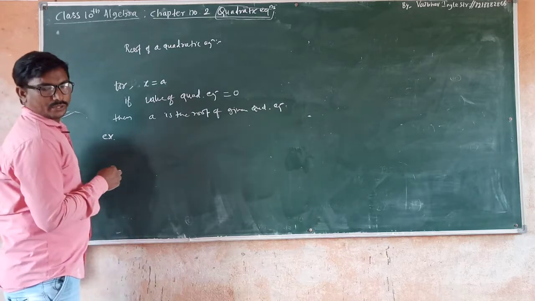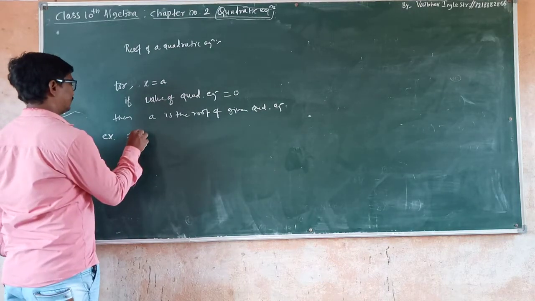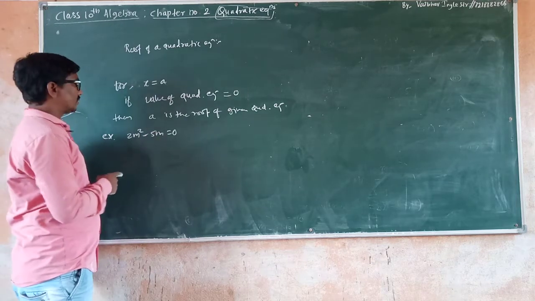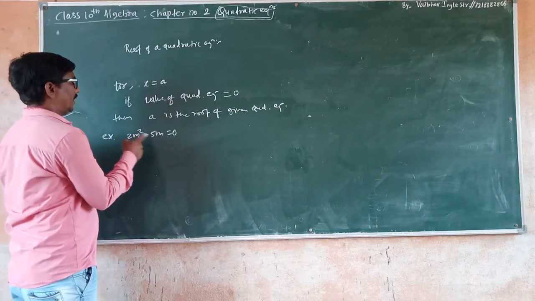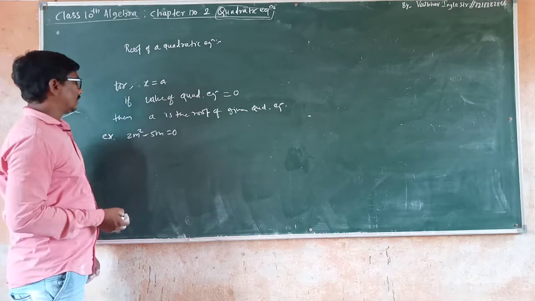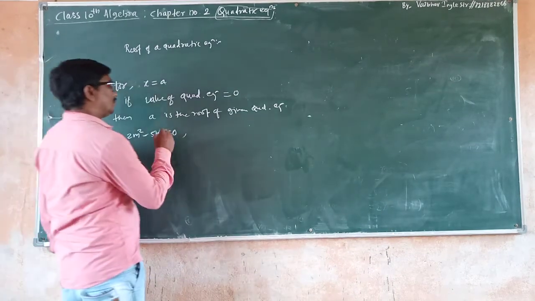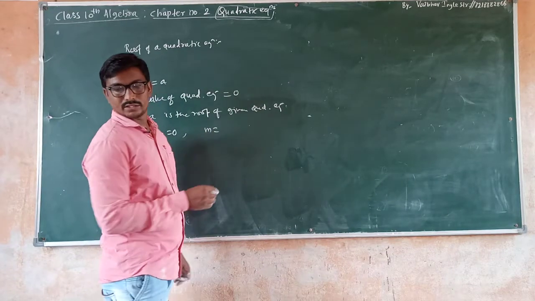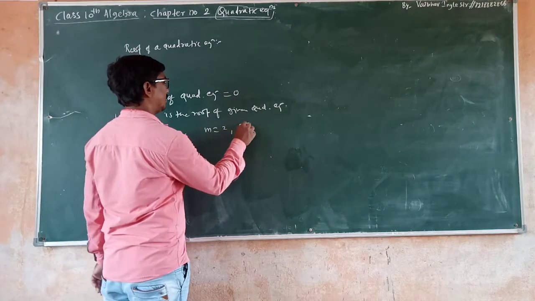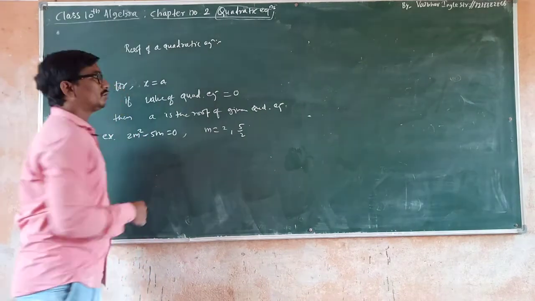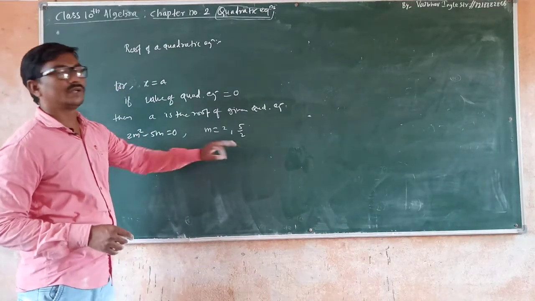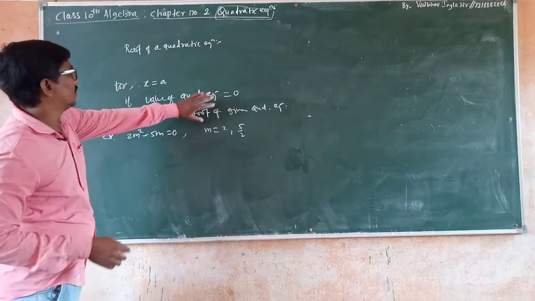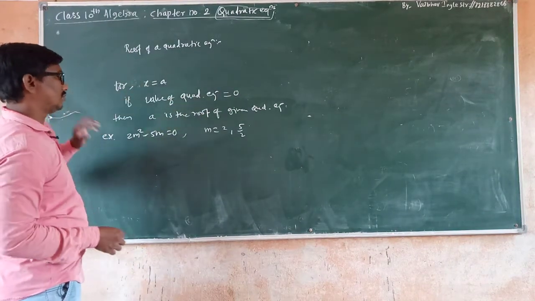That is 2m square minus 5m equals 0. So this is a quadratic equation because it has one variable and the maximum index of the variable is 2. You have to decide for m equals 2 and then 5 by 2, which of these two is a root of the given quadratic equation. So just remember this and solve.